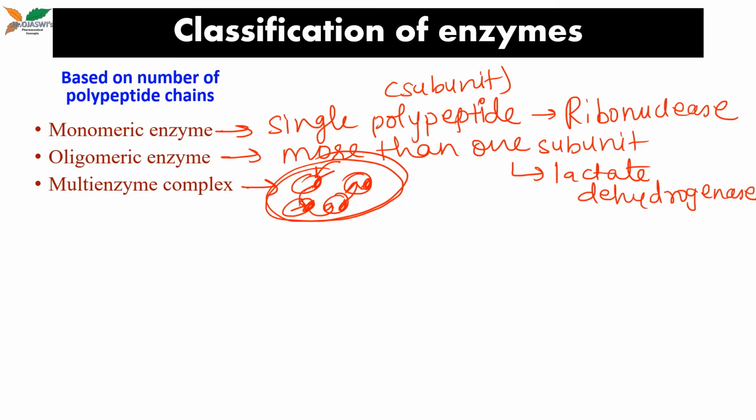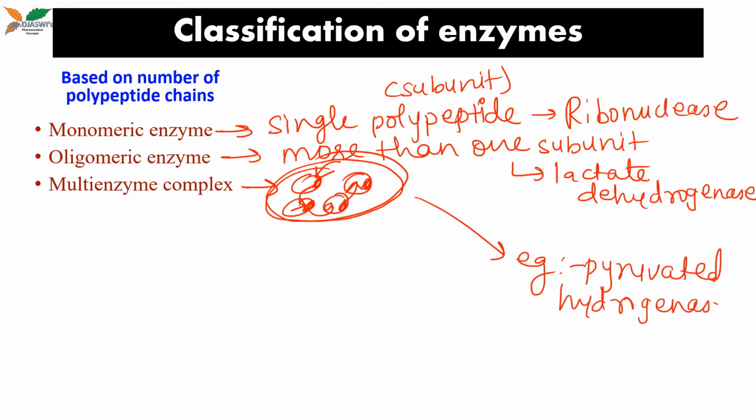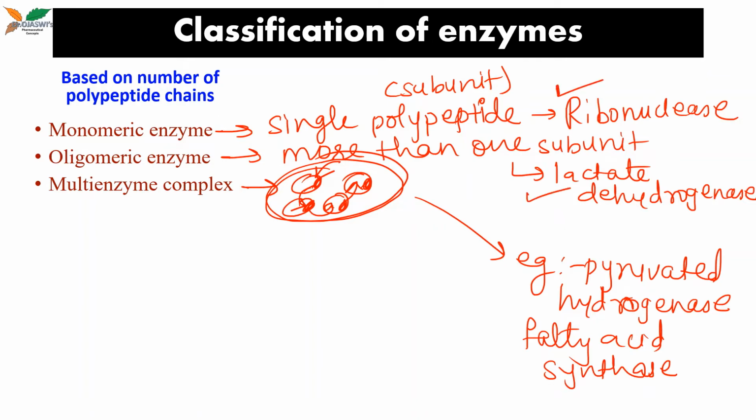One example, if you want to remember, is pyruvate dehydrogenase, fatty acid synthase. So you can take this screenshot if you want to remember the examples: ribonuclease, lactate dehydrogenase, and pyruvate dehydrogenase, fatty acid synthase.